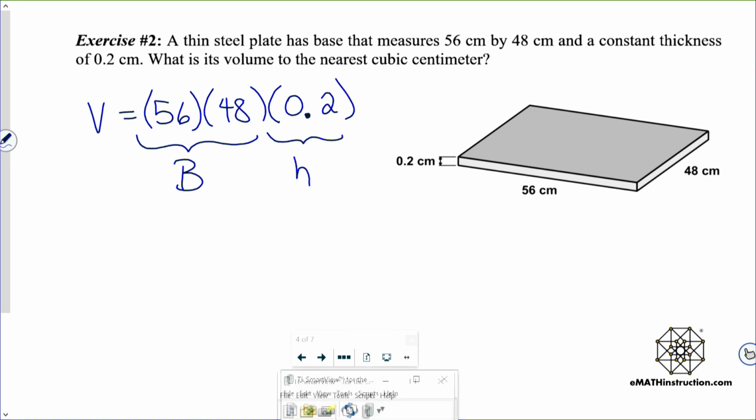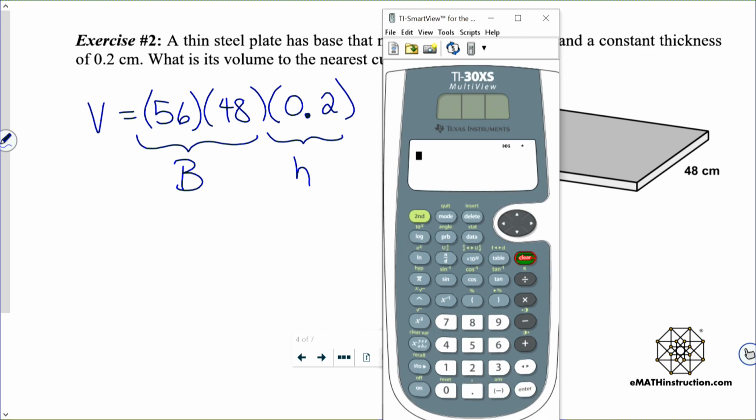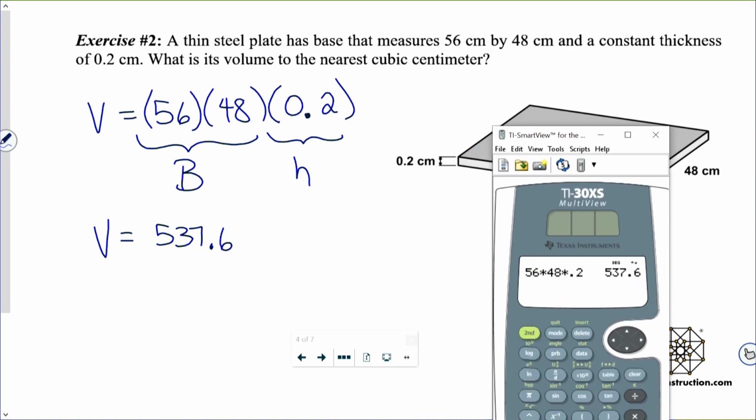Now, of course, our calculator makes this one fairly easy. 56 times 48 times 0.2. As long as I can hit the enter button. And my volume is 537.6, but I want it to the nearest cubic centimeter, so 538 cubic centimeters.